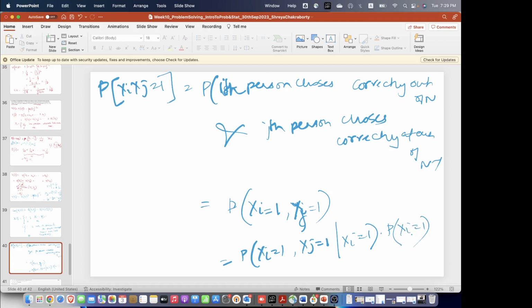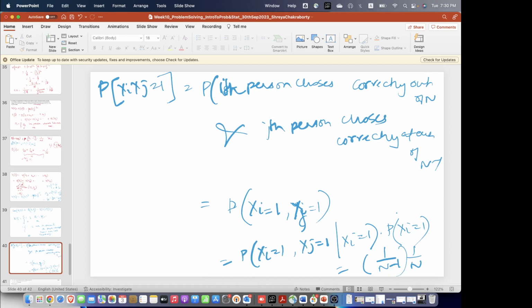Okay, so the first person, the ith person, chooses the thing correctly. This is 1 by n. Given the ith person has already chosen, the jth person can choose in 1 by n minus 1 ways.